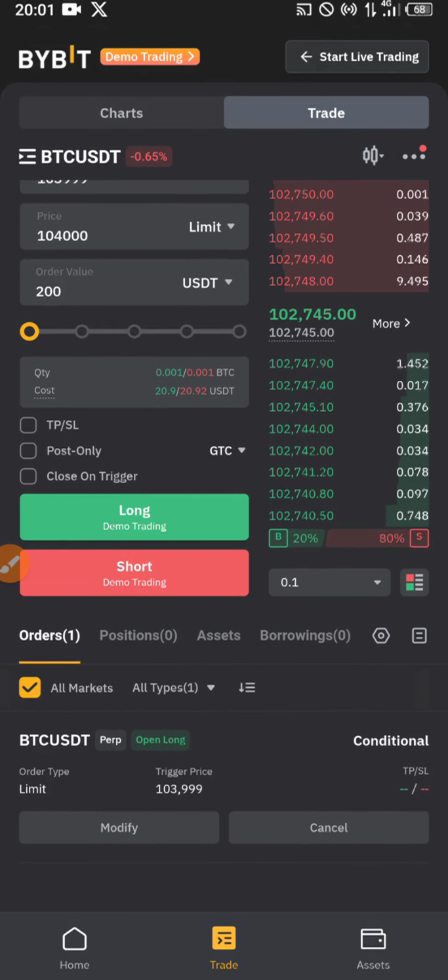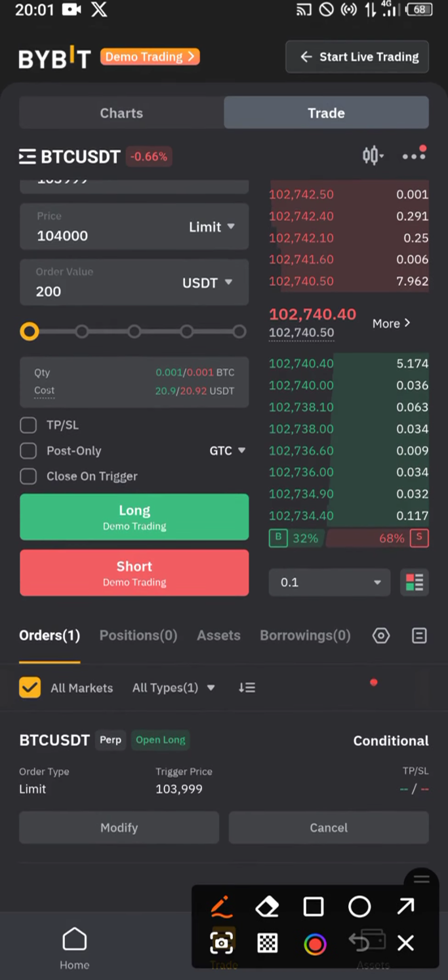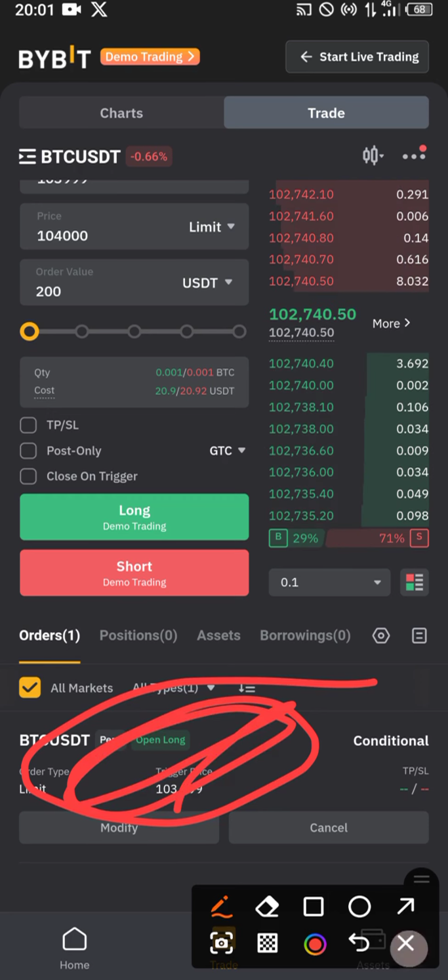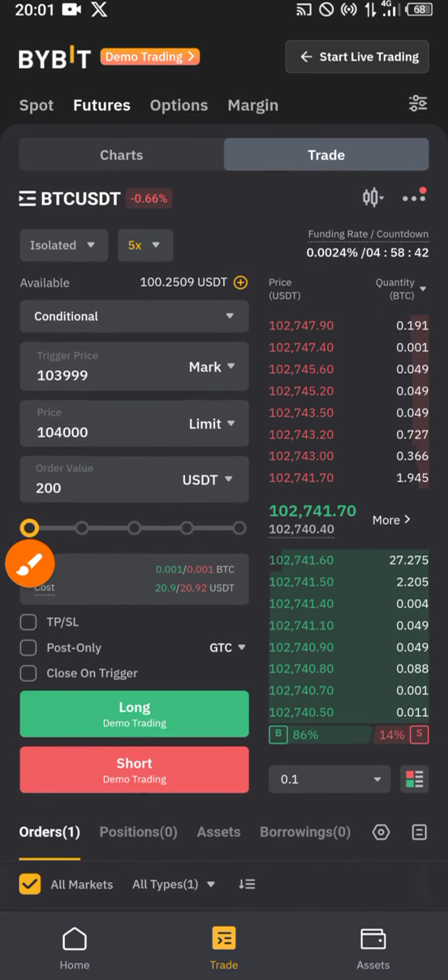You can see this is our order right here. So that's how to place a conditional limit order. Remember, conditional is the same thing as buy stop or sell stop, right? Buy stop or sell stop.